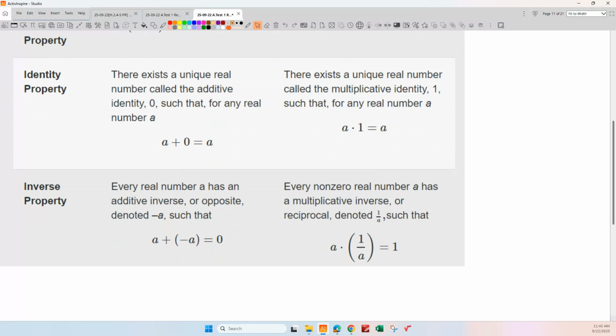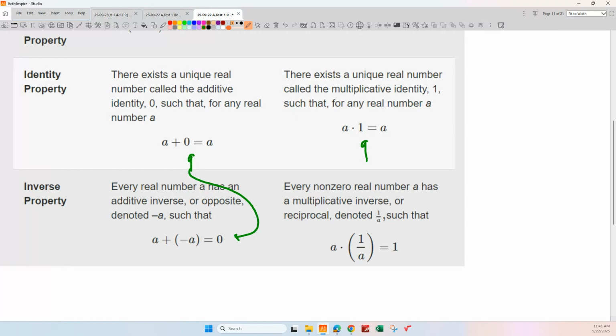And the inverse properties are the ones that go with the identity properties, because whatever that special identity number was that I either added or multiplied by to keep something the same, in the inverse property, we ask ourselves, what could I add to a number to get back that 0? Opposite, right?